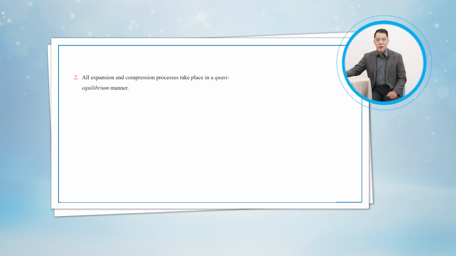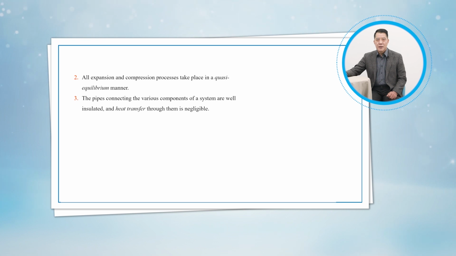Assumption 2. All expansion and compression processes take place in a quasi-equilibrium manner. Assumption 3. The pipes connecting the various components of a system are well insulated, and heat transfer through them is negligible.